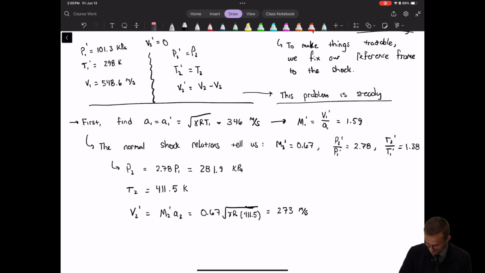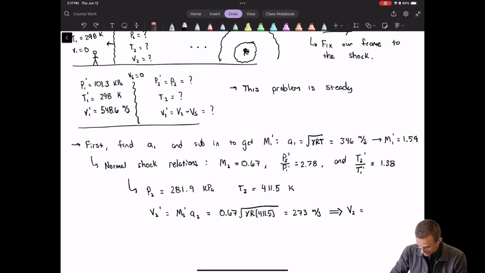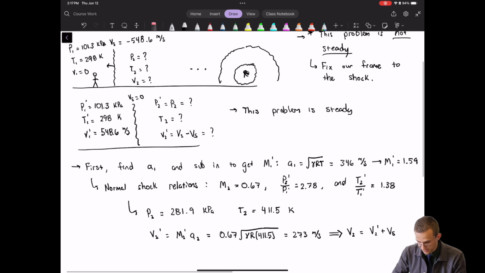And what this tells us is that the original V2 is equal to V2 prime plus Vs, right? Vs is a negative value, negative 548.6.